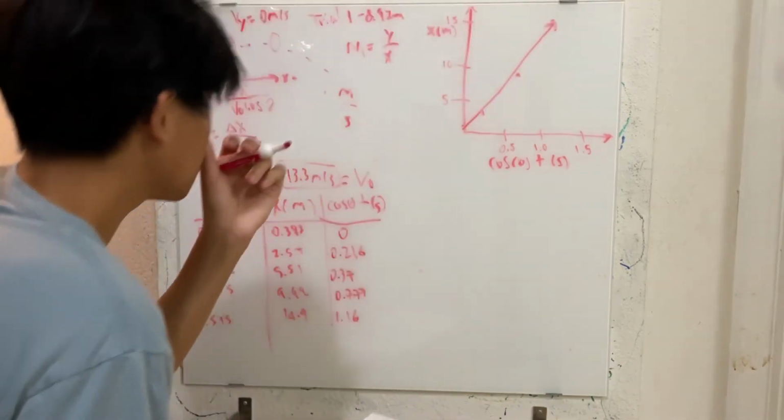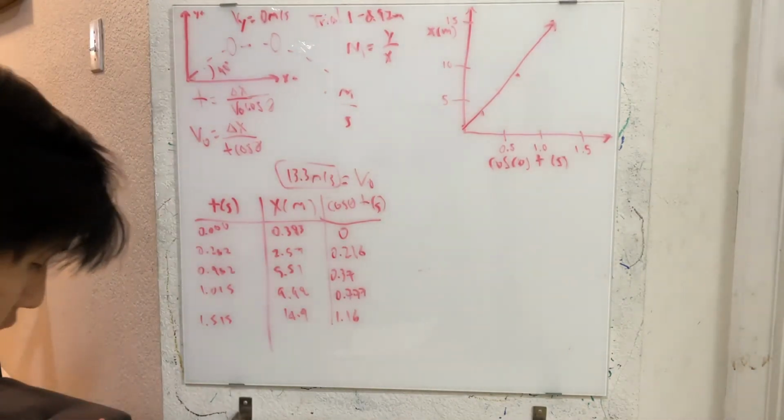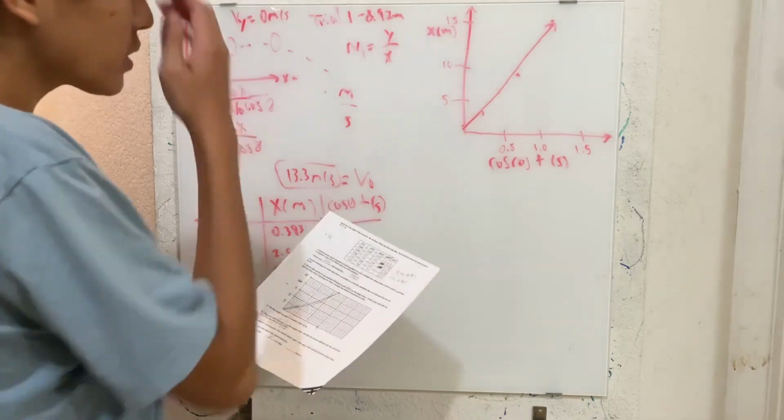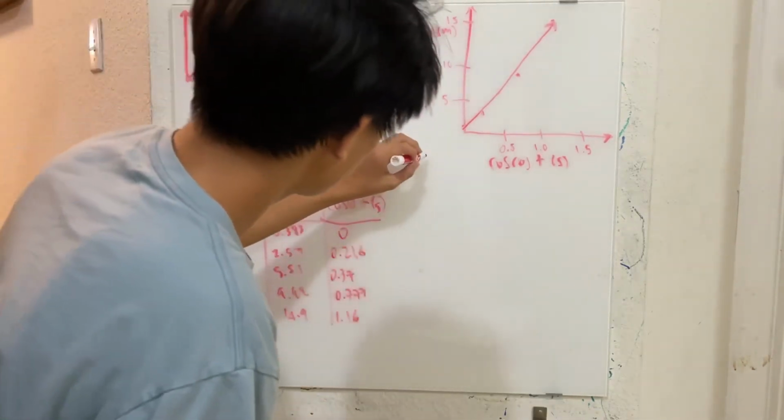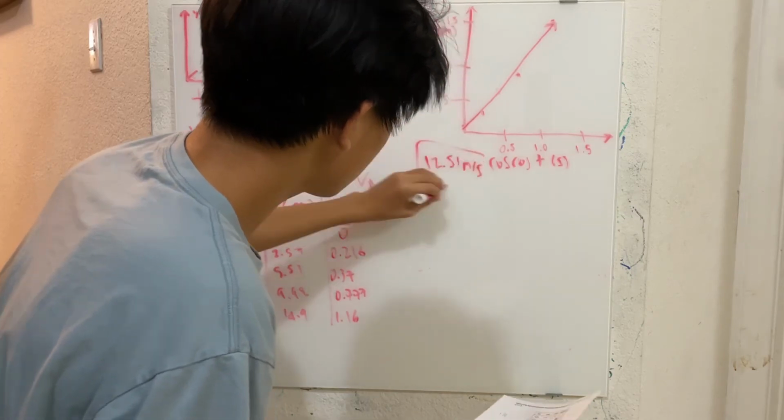So as you can see, the line isn't perfectly straight, obviously, but it is quite straight. And if we were to calculate the slope of this line, it would come out to 12.51 meters per second.